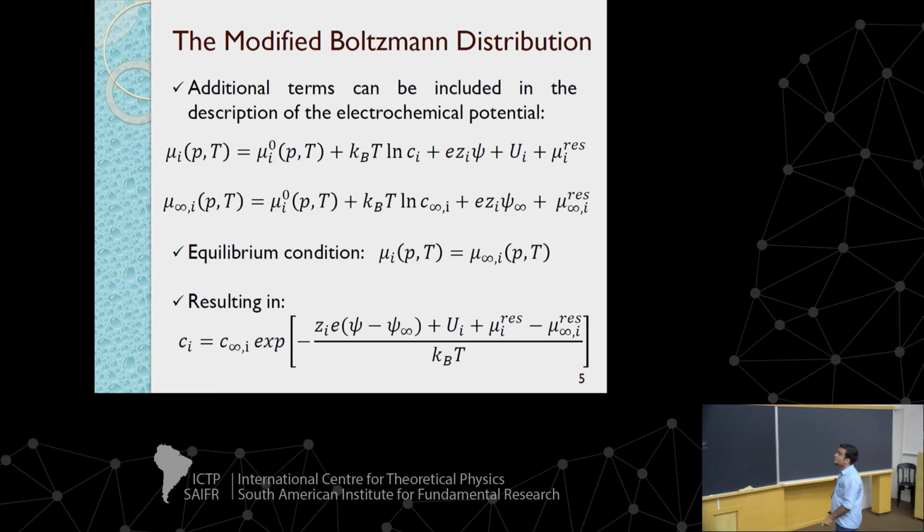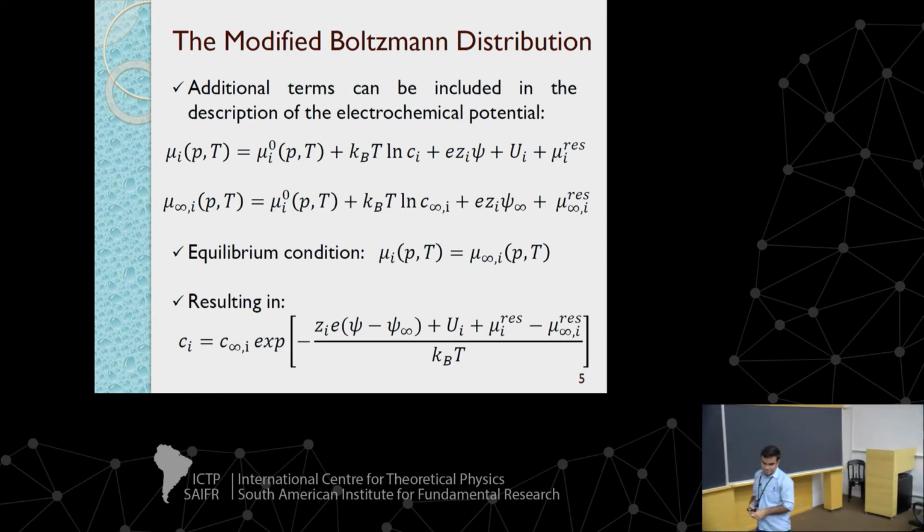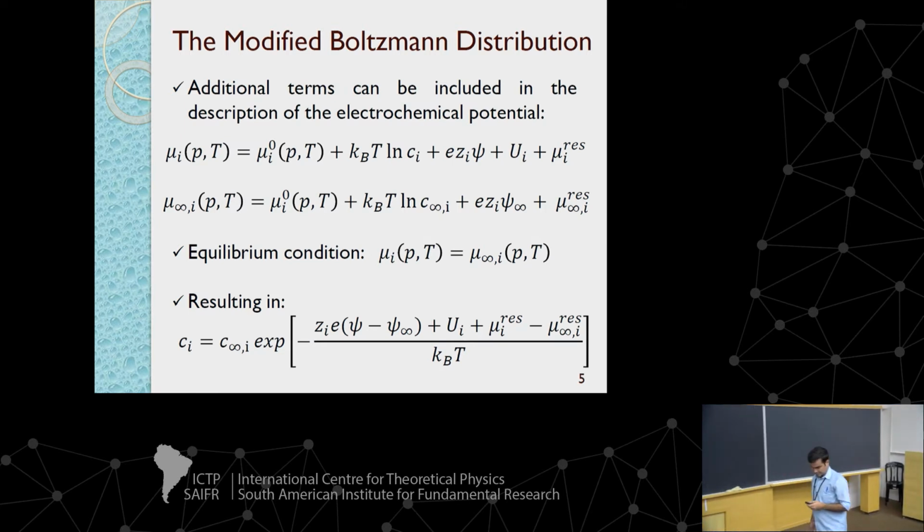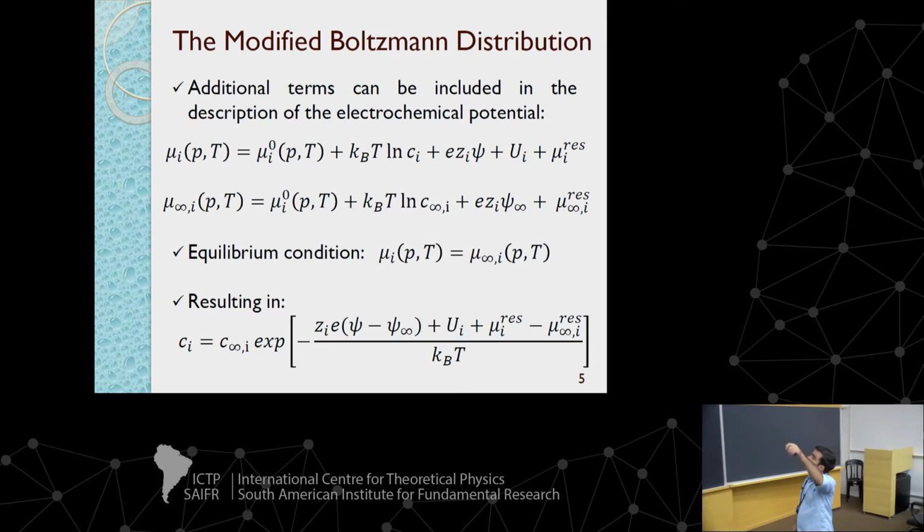Okay? So we come back to that expression that we used yesterday. We can see here, yesterday we wrote down this one, the reference chemical potential plus kBT ln of Ci. Somebody asked me why didn't I use activity here instead of concentration.